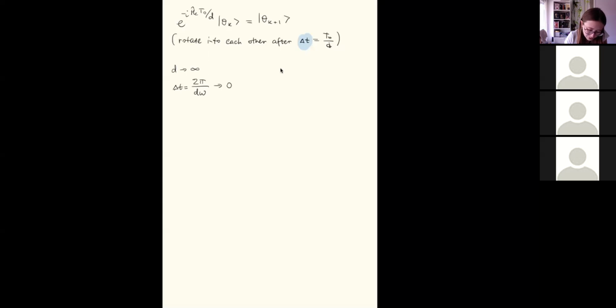So we're going to have oscillatory behavior, because we still have our harmonic oscillator situation. But from the fact that delta t goes to 0, we actually get continuous time states.